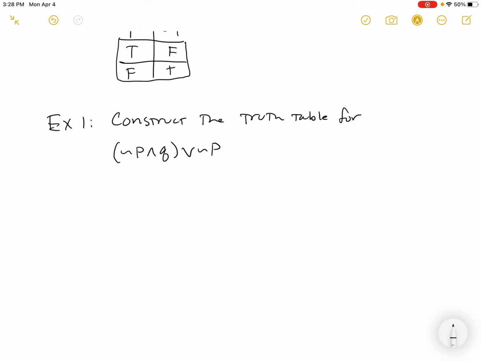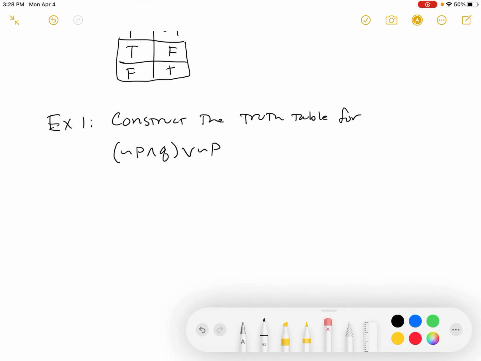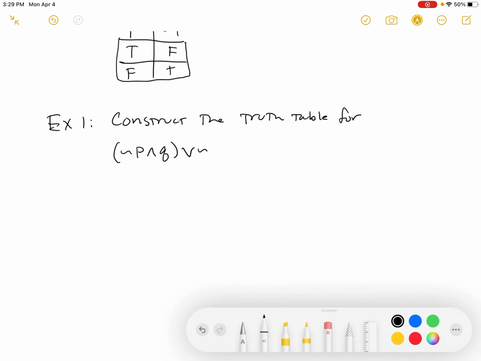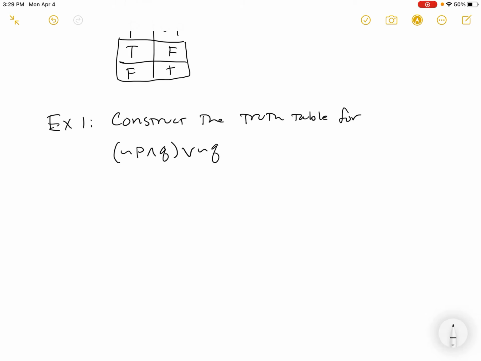And so I actually copied that down wrong from what's written there. So I want to make sure I'm doing the exact problem. And so they have a not Q here. So not P and Q, or not Q. And so we want to construct the truth table. As you look across here, there's really just two statements. There's P and Q.